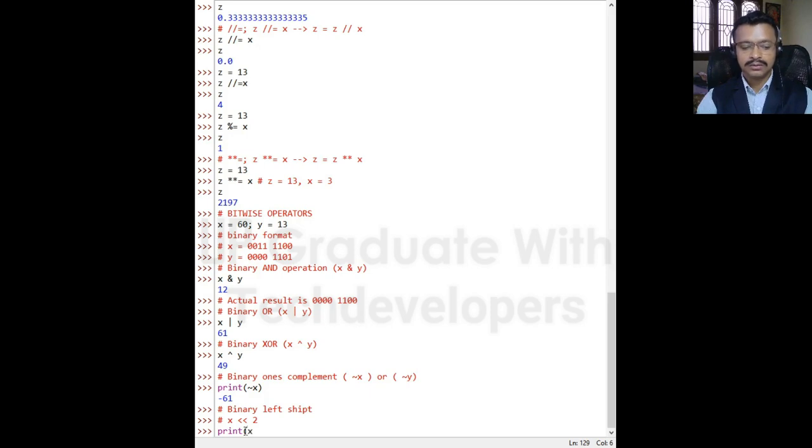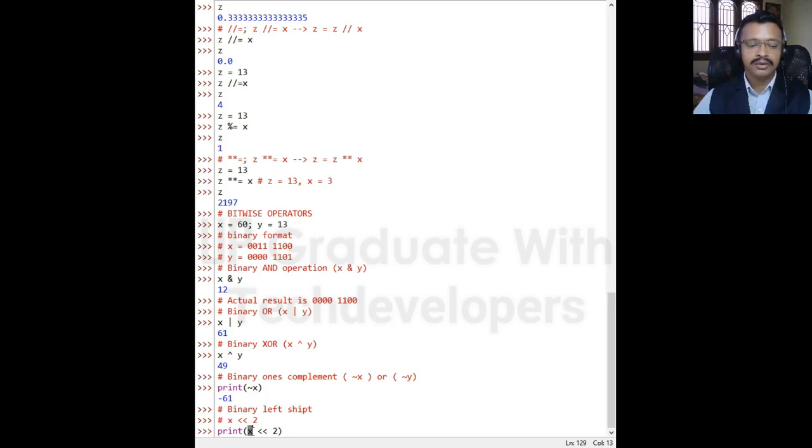Let us do this with x left shift. The x value is moved left by the number of digits specified by the right operand.